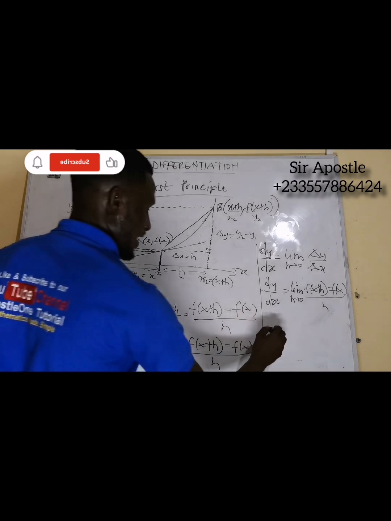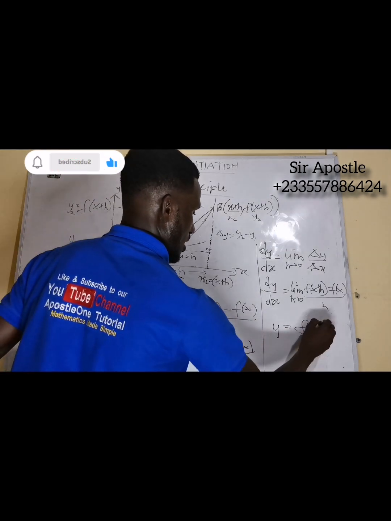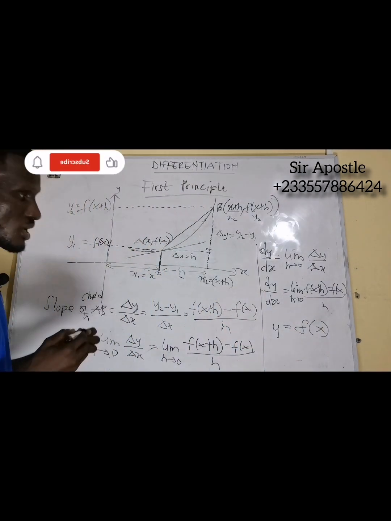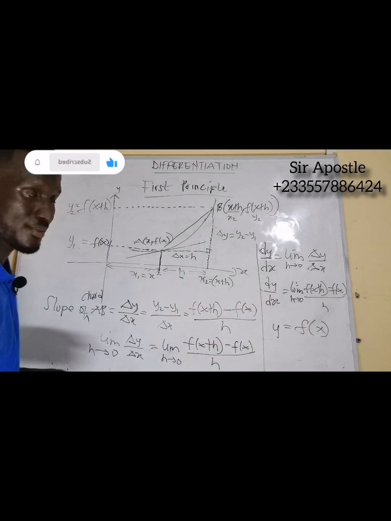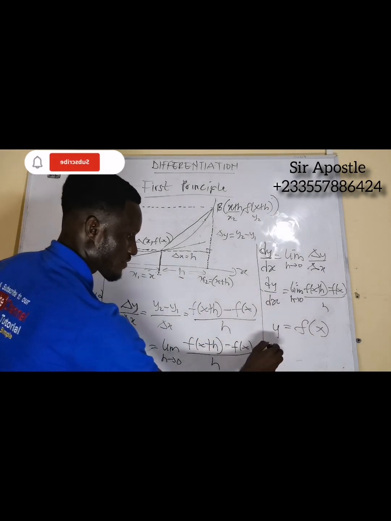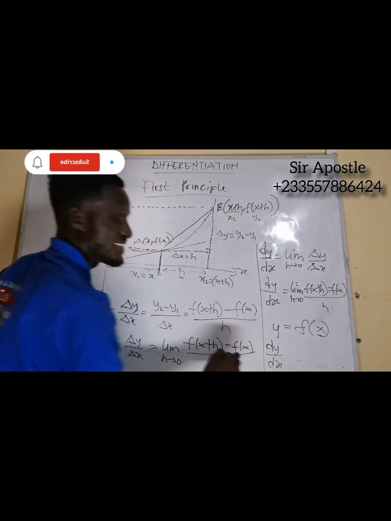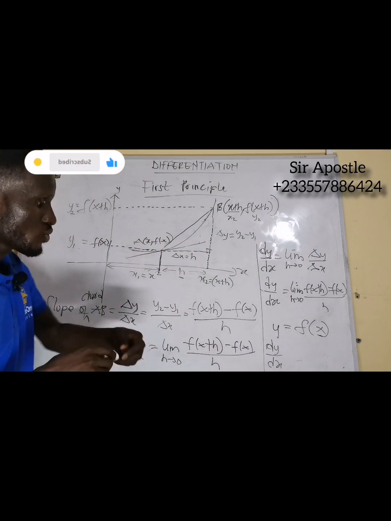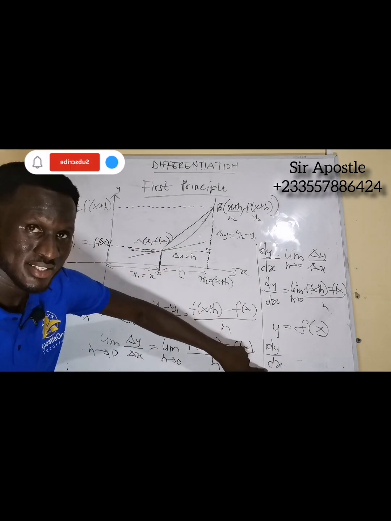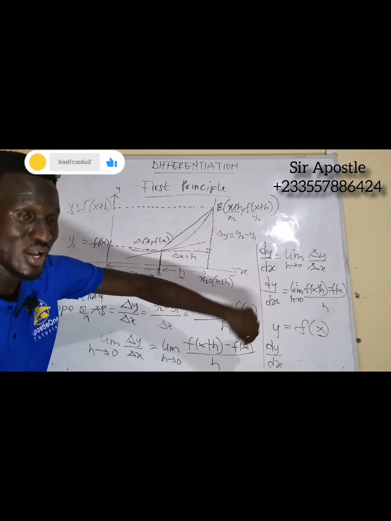So if I have y equal to f of x, and I want to differentiate the y, it means that I have to find the differentiation of the y with respect to the x. We call it dy dx, or y with respect to x.